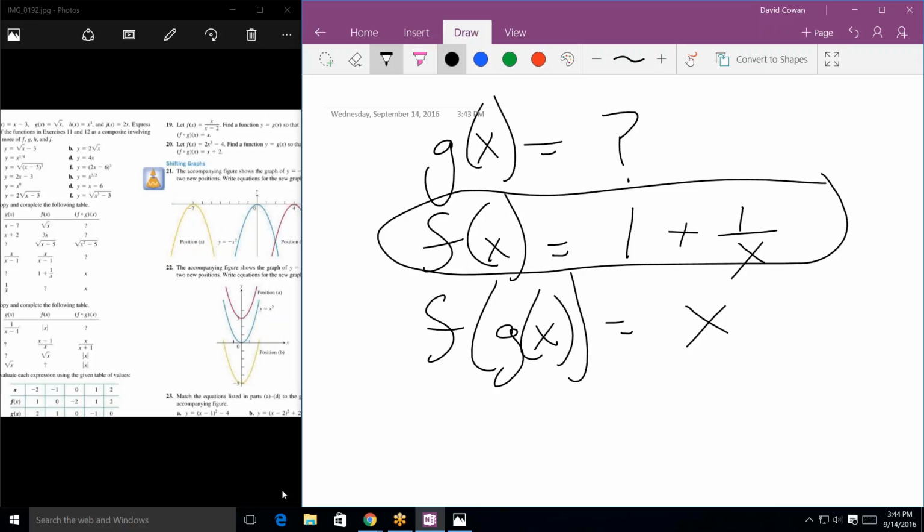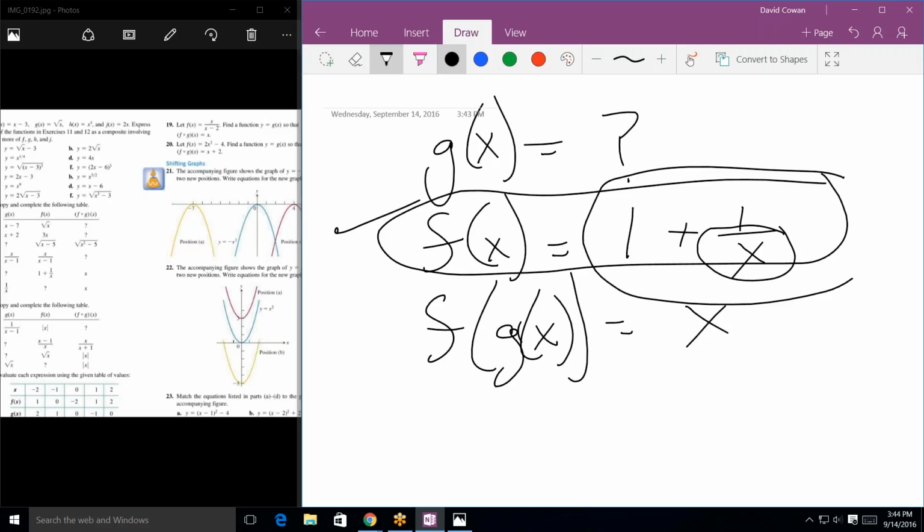What would I have to do to f of x to end up with just x? In other words, what could g of x be? Remember that I take g of x and I plug it in for x. So something that I plug in for x is going to result in that being x.